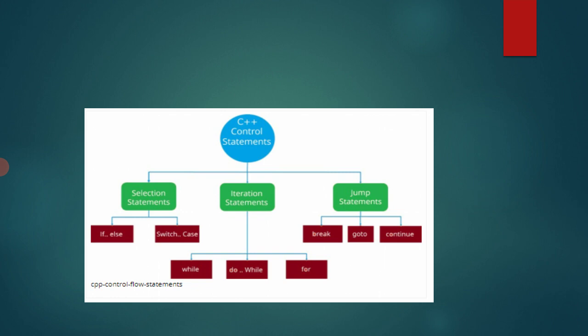So what are the different jump statements defined in C++? Break, continue, go to, and return. In addition to these jump statements, a standard library function, exit, is also used to jump out of an entire program.